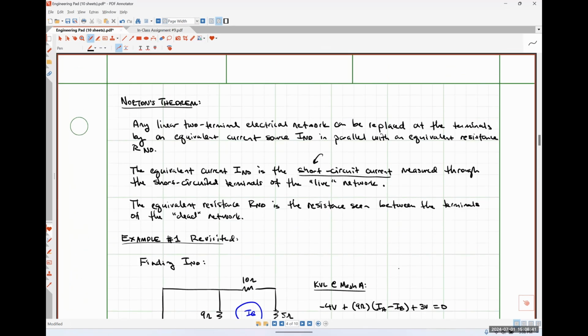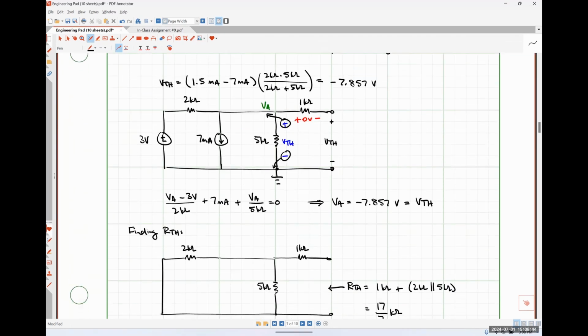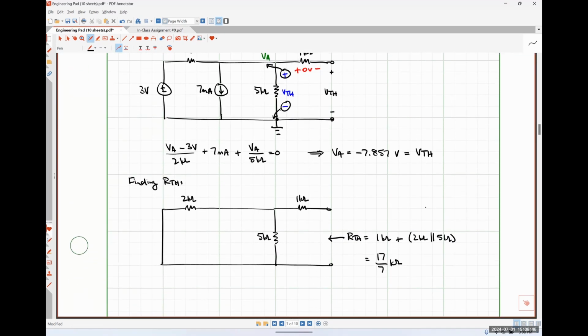All right. So we went back to this part right here. I wanted to use a different color. I Norton should just be V Thevenin divided by R Thevenin. So that would be negative 7.857 volts divided by 17/7 kilo ohms.